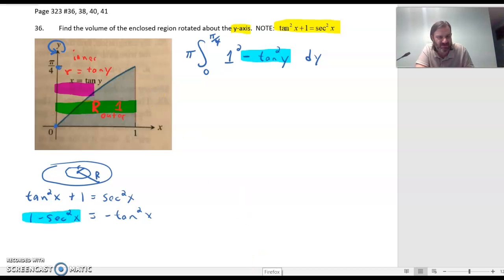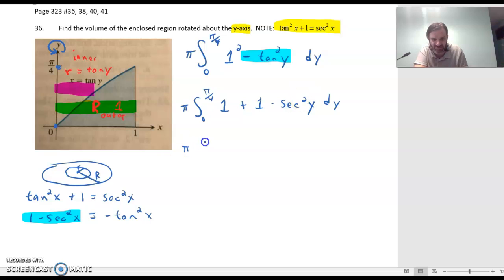So let's do that. The direct substitution of that will still be from 0 to pi over 4, but it'll be 1 plus 1 minus secant squared of y dy. So it'll make sense to go ahead and combine those two ones.